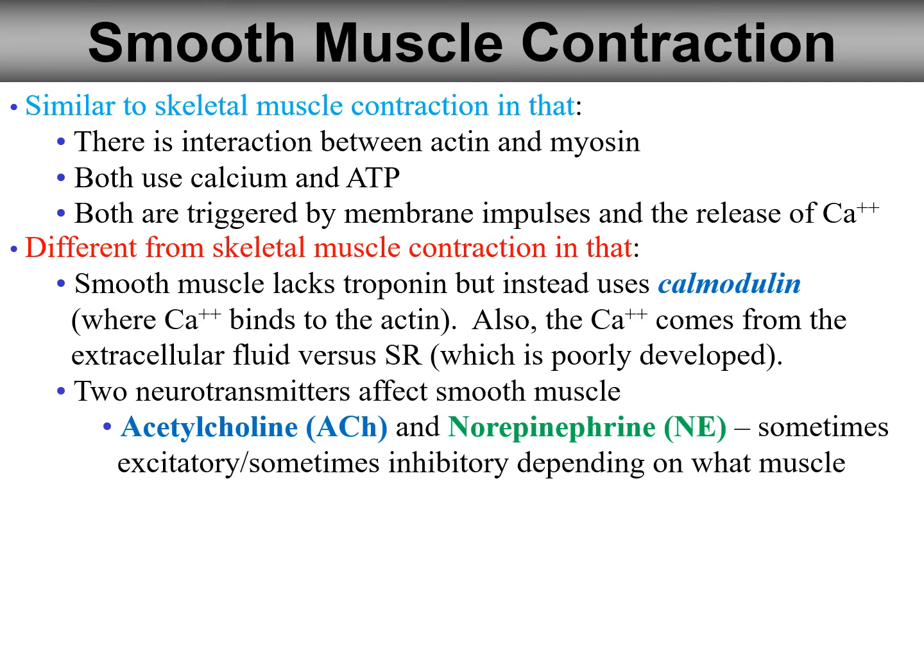We also described one neurotransmitter back in skeletal muscle. That was acetylcholine. Here you see, of course, there are two types in smooth muscle, ACh and NE, or norepinephrine.